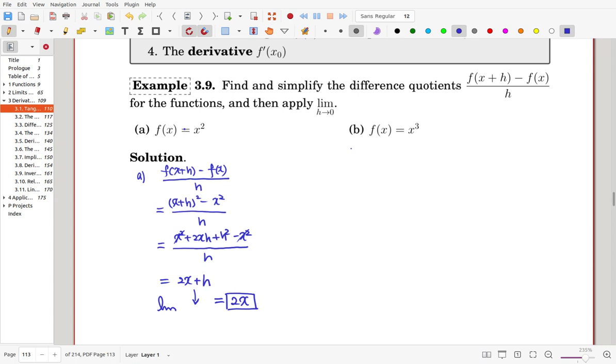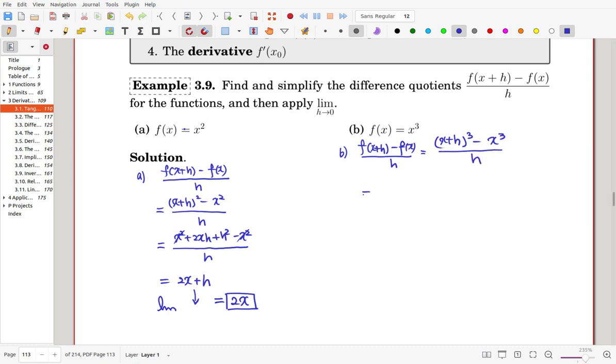Now, for part B, f(x plus h) minus f(x), divided by h. That is (x plus h) cubed minus x cubed, divided by h.